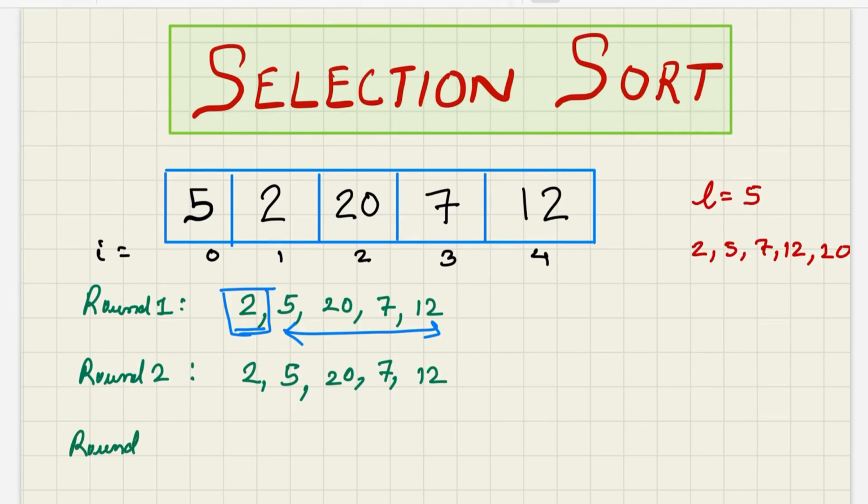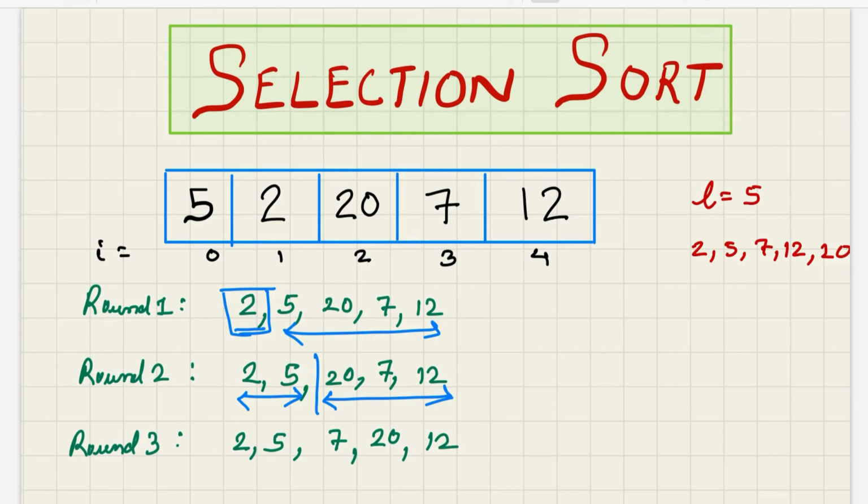Next, in round 3, I have my 2 and I have my 5. I will be looking at the rest; this is my sorted portion right now, and I have to look at the rest of it. In the rest, I can see 7 is my lowest, so I will swap the 7 with 20, and then I have 12.